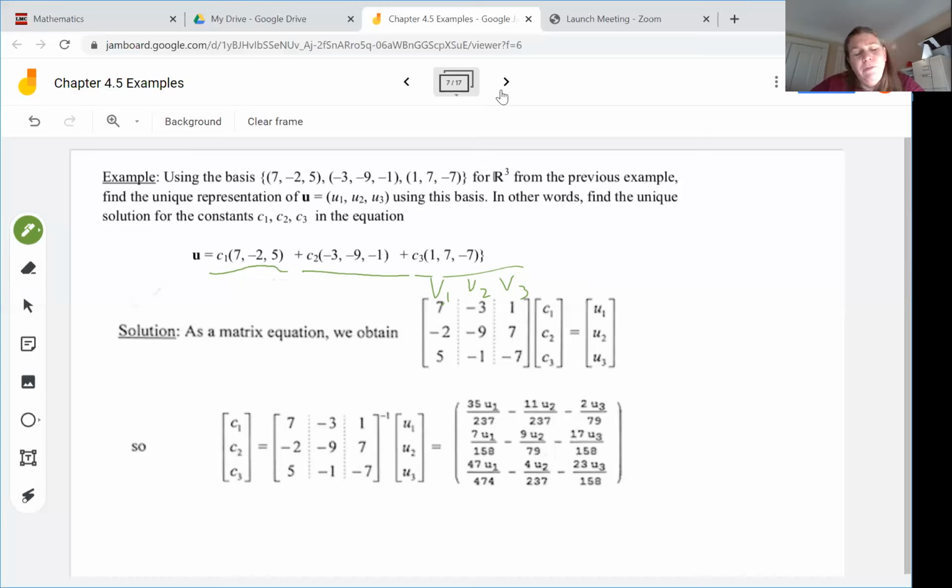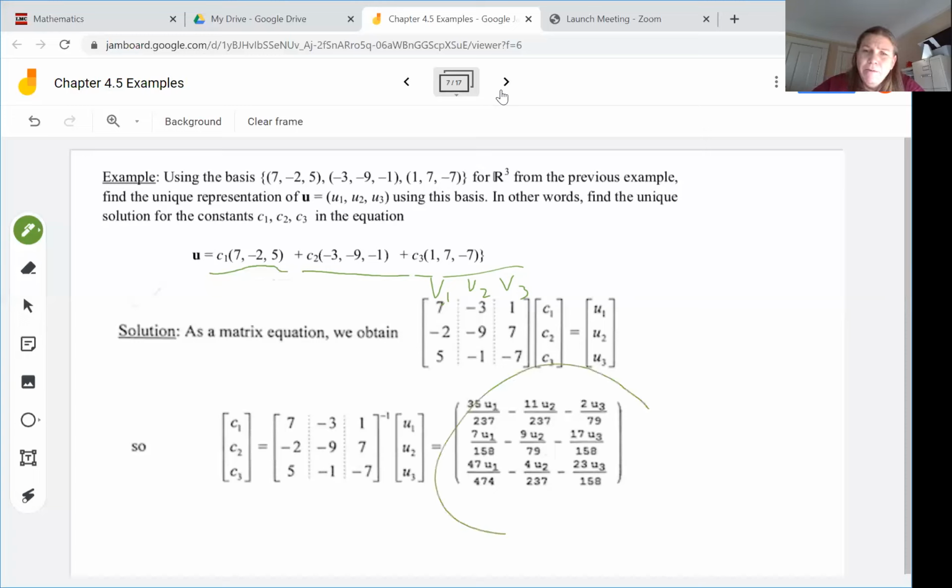Working backwards, we know we can solve for these constants c1, c2, and c3 by using the inverse of our matrix that corresponds to v1, v2, v3, the vectors that make up the basis, multiplied by u1, u2, u3.